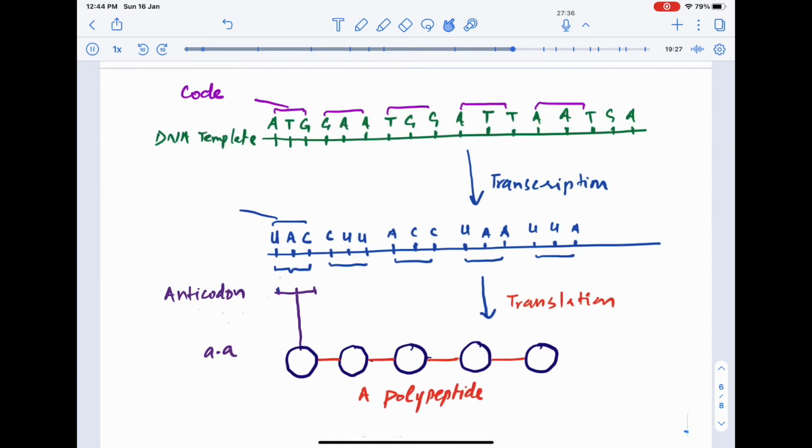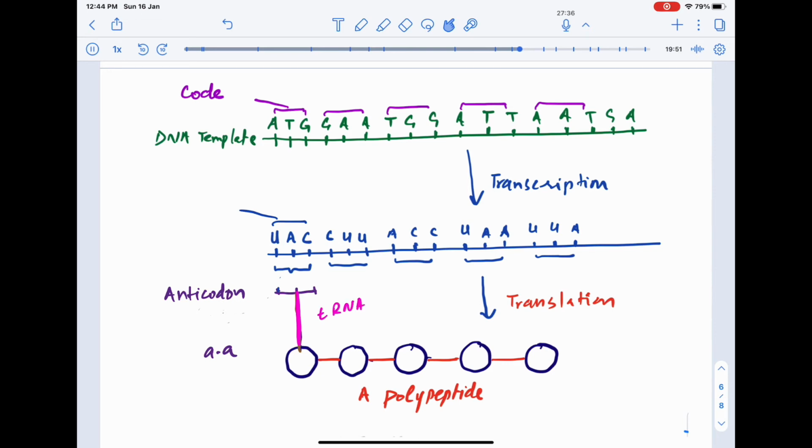Okay, so let's simplify the structure of a tRNA. This is tRNA.